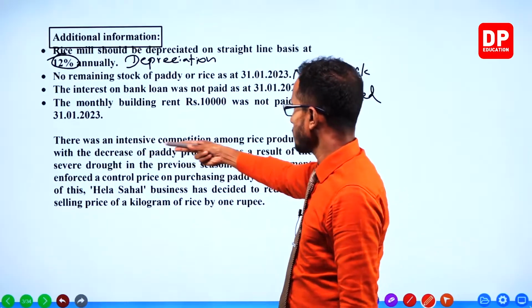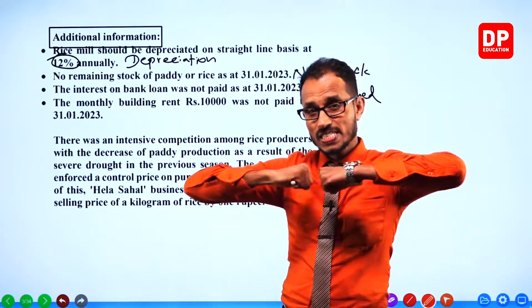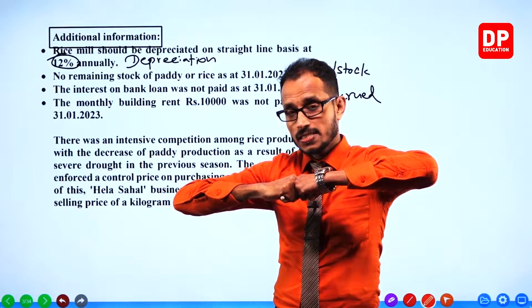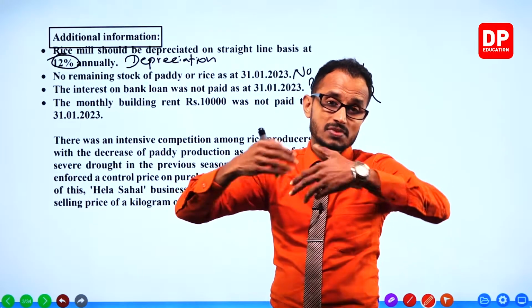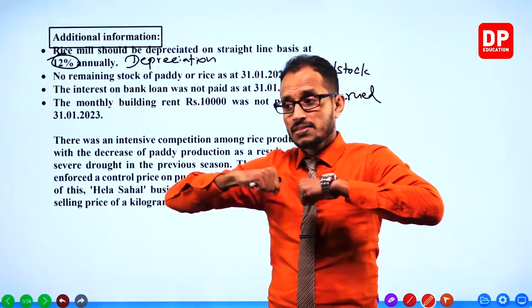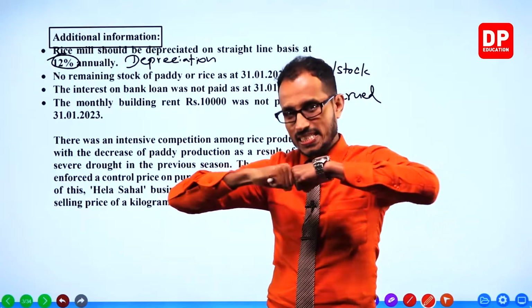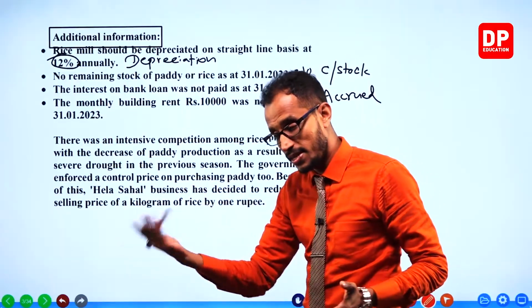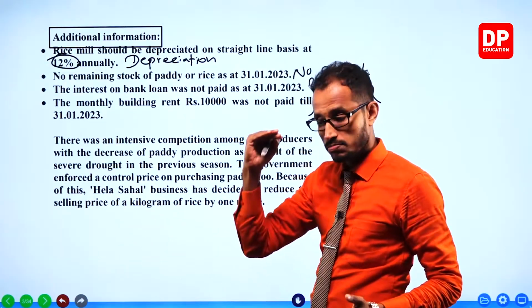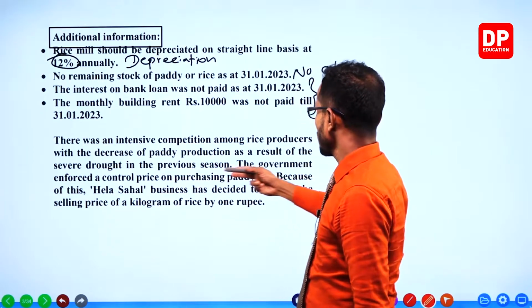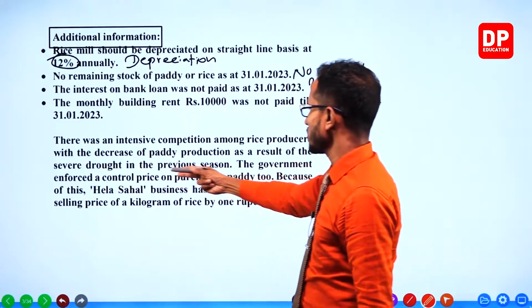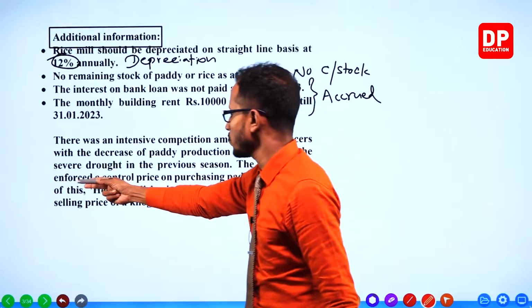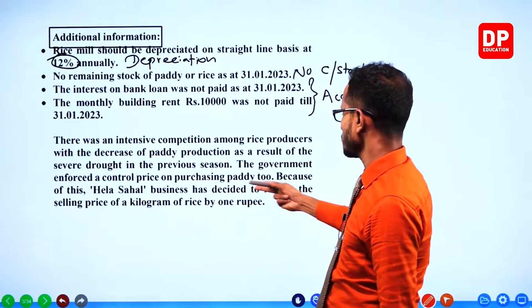So there's intensive competition, businesses selling rice competing with each other because the paddy supply is now reducing as a result of the severe drought in the previous season. The government enforced a control price on purchasing paddy too.